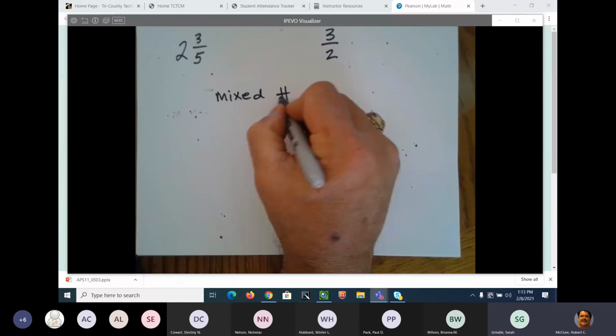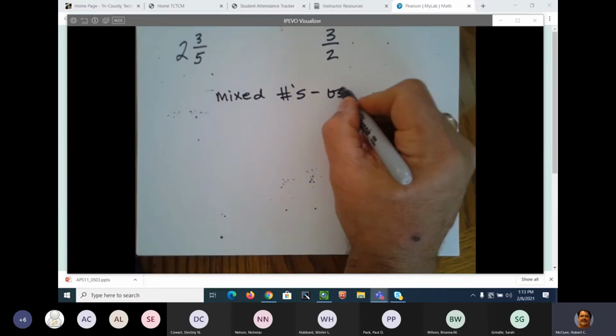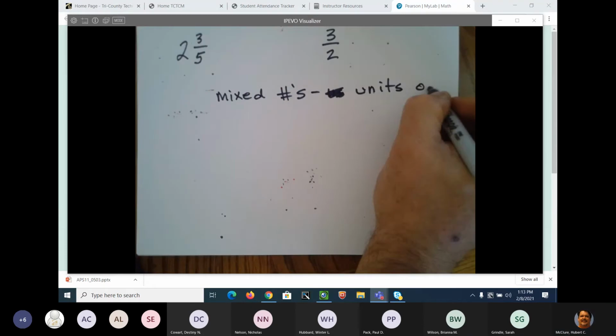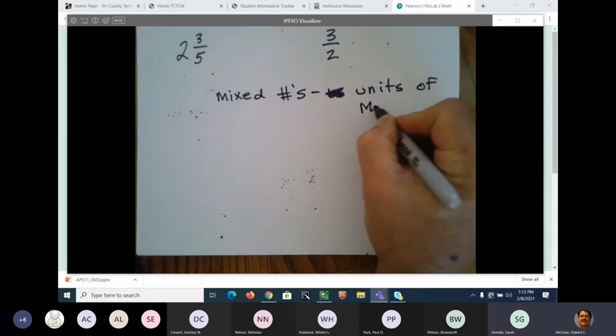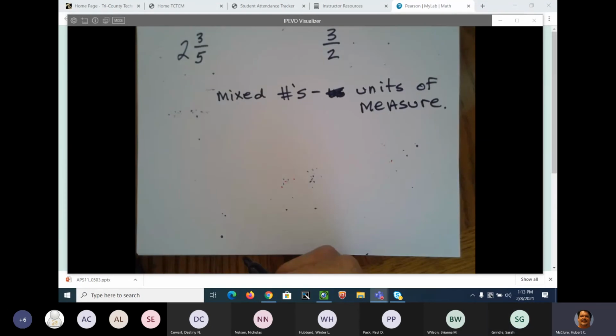Mixed numbers are only used for units. Units of what? Measure. That's the only reason we have them. So if you had a teacher in the past tell you it was reducing, that's not. It's not reducing. The only time you use mixed numbers is with units of measure.